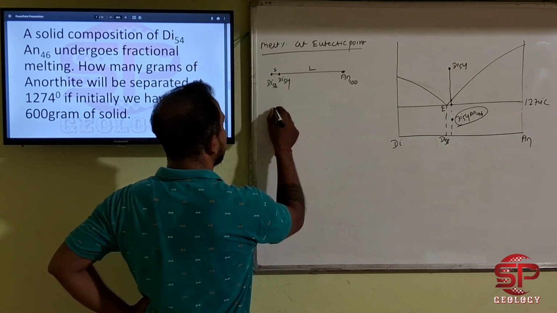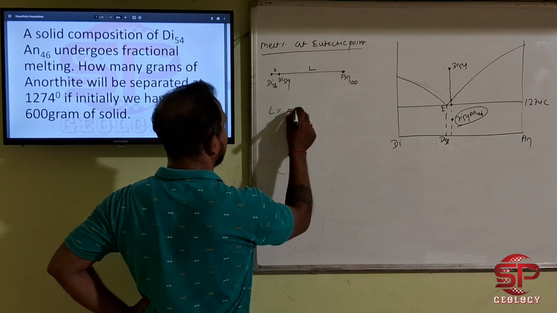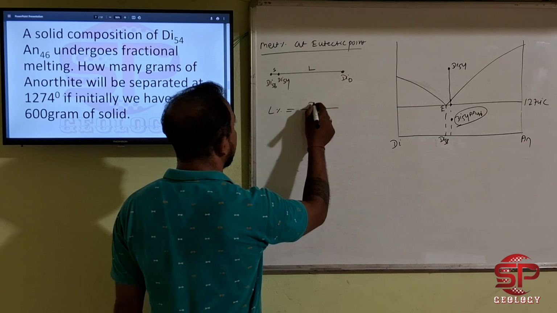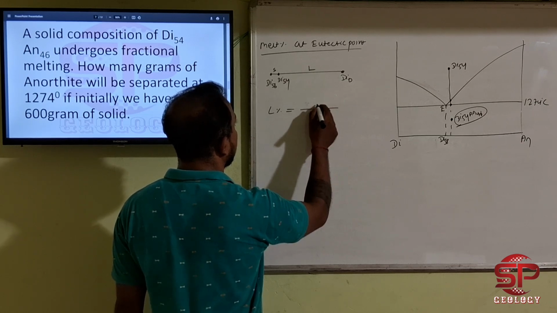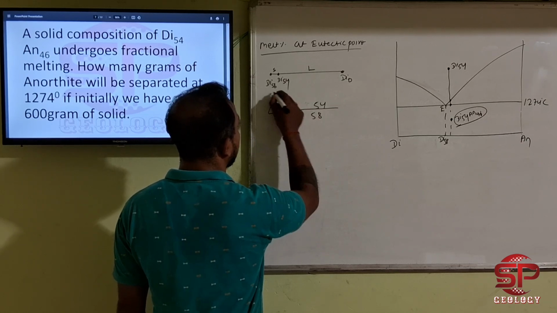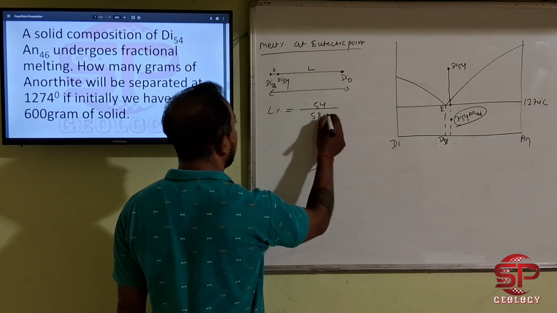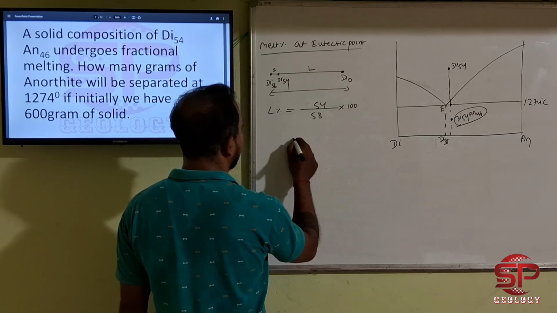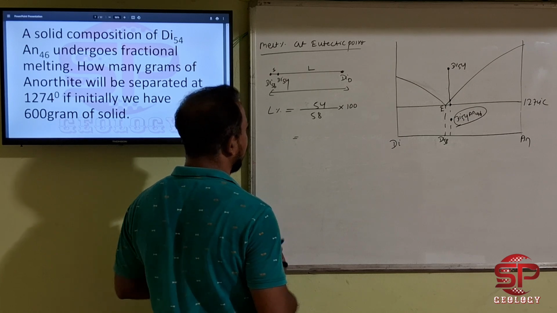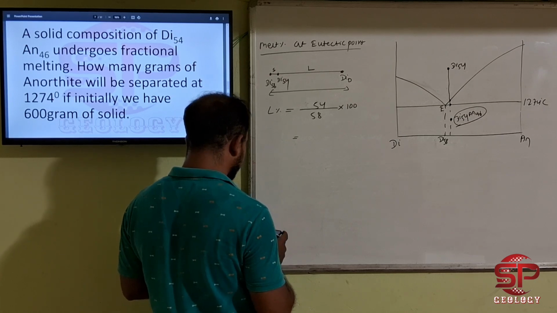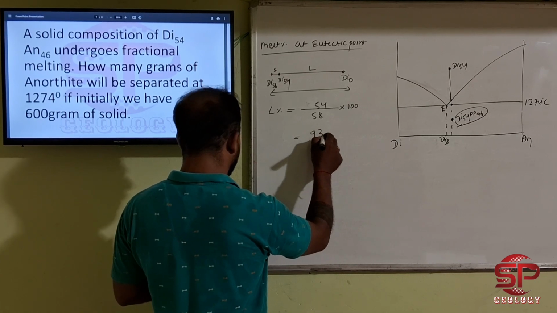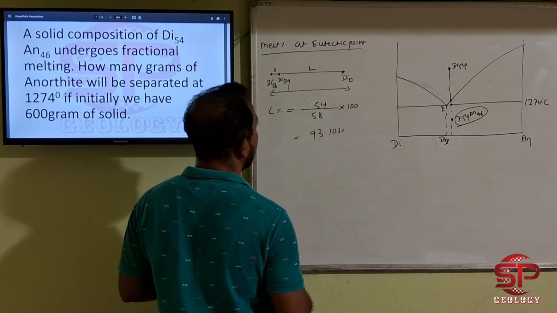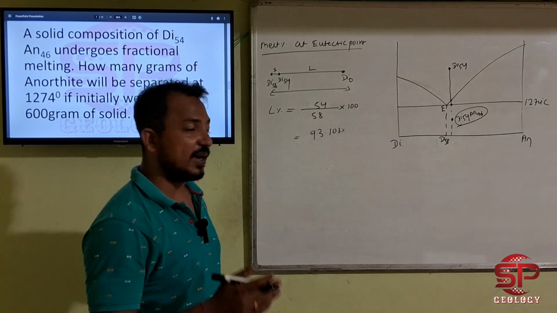So the liquid percentage will be the liquid segment, 54, over the total segment, 58, into 100. So 54 by 58 into 100 will be 93.103%. This much melt will be produced here, and it will be separated from the system.